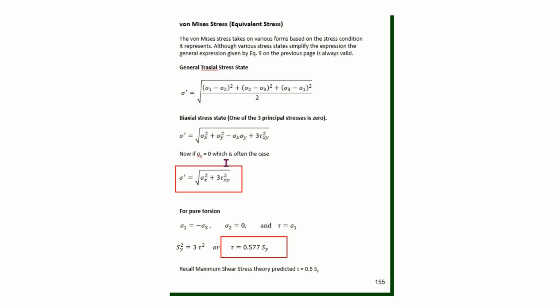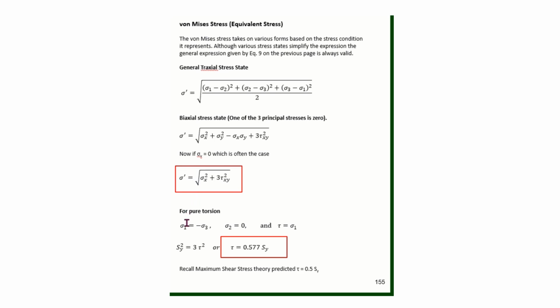So you should also commit this equation here to memory. So you should memorize this general equation that works for any stress state, and then for a biaxial stress state where sigma y is also 0, you should commit this equation to memory.